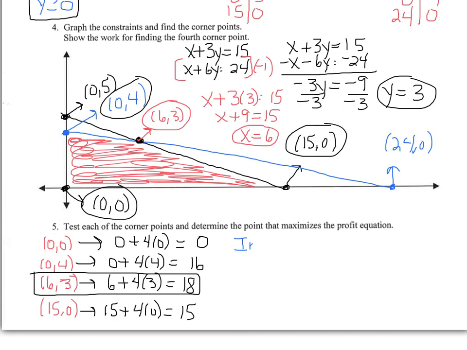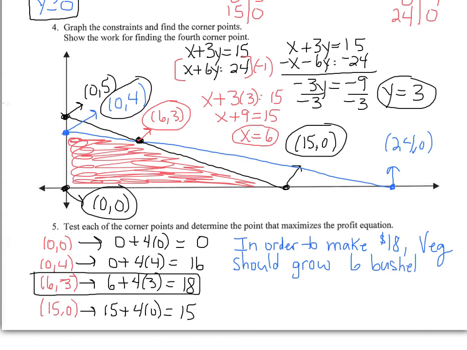So, in order to make $18, which is our profit, veg should grow 6 bushels of tomatoes, and 3 bushels of green beans.